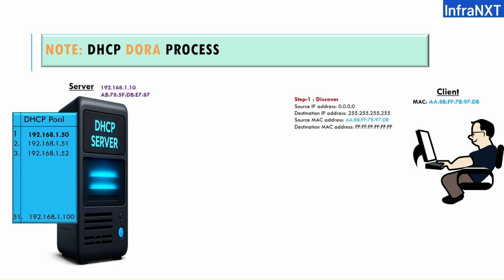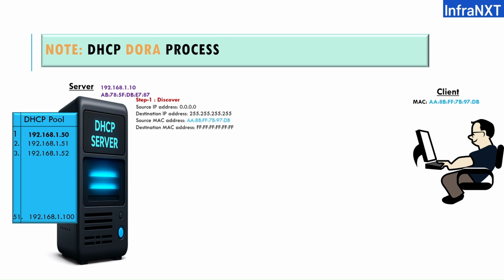Step 1. The client initiates discovery as it's looking for an active IP address and is trying to discover the DHCP server that can offer it an IP address.